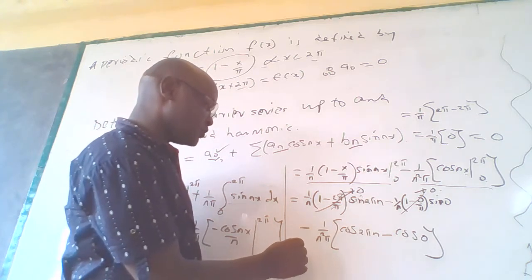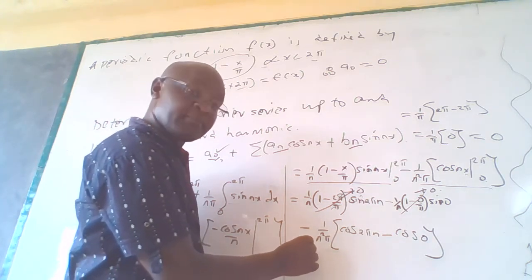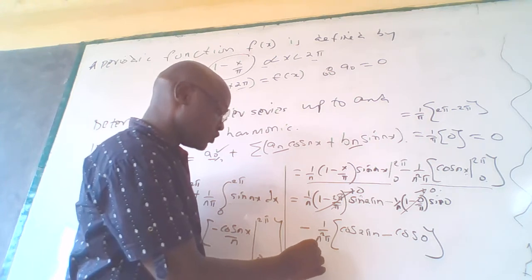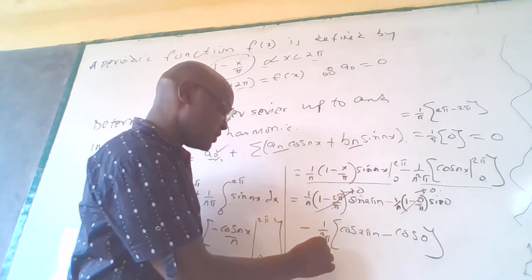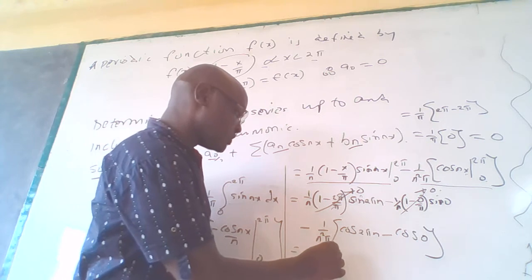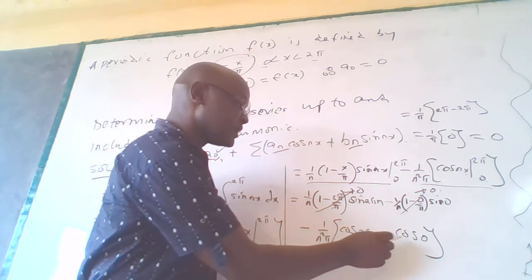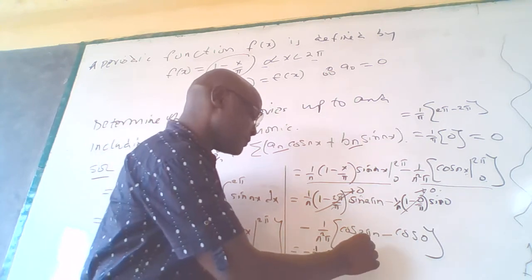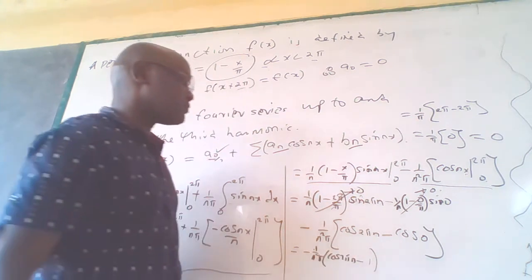So this equals to minus 1 over n squared pi into cos 2 pi n minus cos 0 is 1, like that.